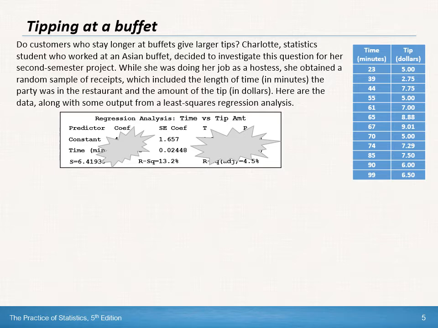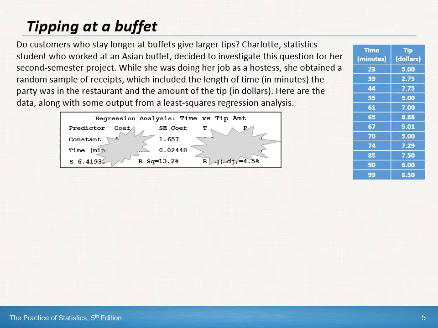Here are the data along with some outputs from a least squares regression analysis. So on the right here we have a table. Each row represents a table at the restaurant. The first number is the time in minutes that they were at the restaurant, and the second number is the amount of tip they left.